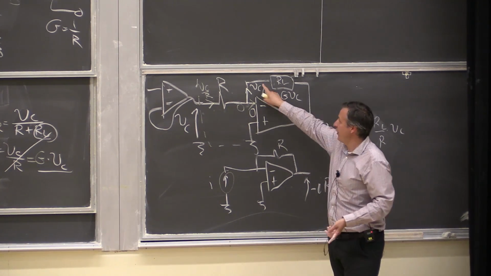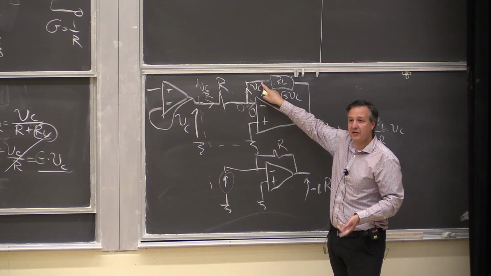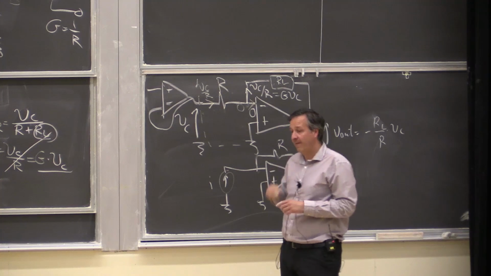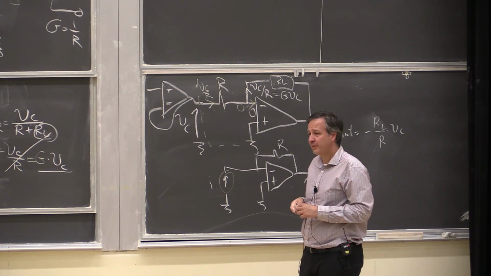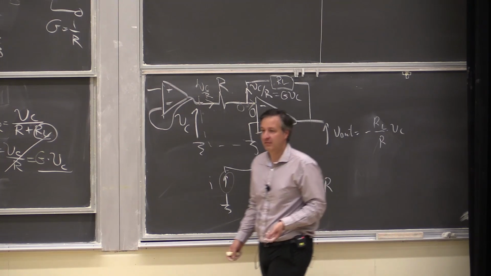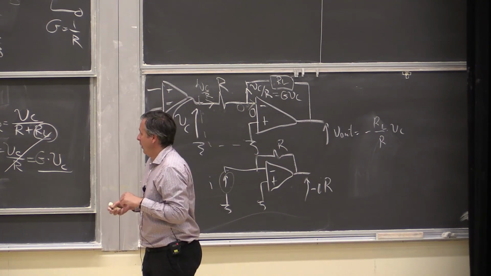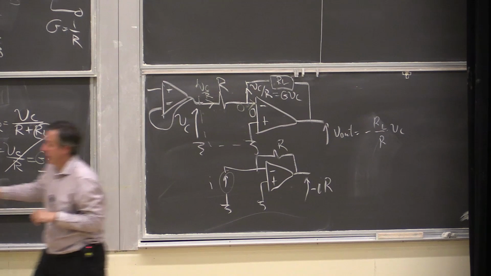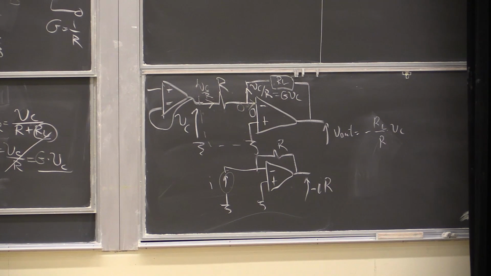We just wanted to generate a known current through this branch, right? Yes? So if we said that the current source on the bottom has value VC over R, we can take that circuit. Correct, but you need now a current source, right? Yeah. So that was the trans resistance.